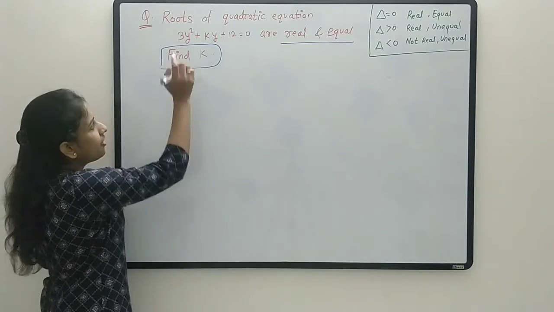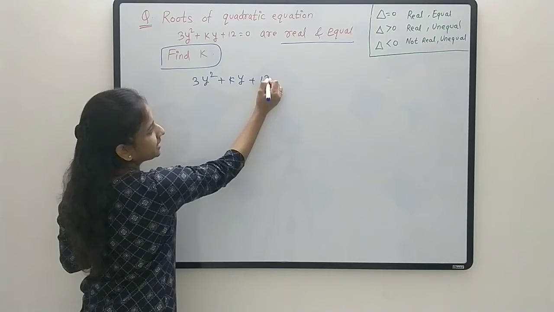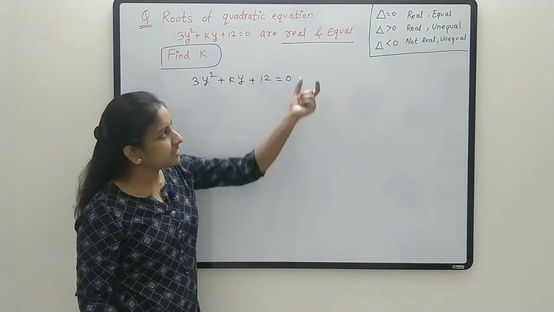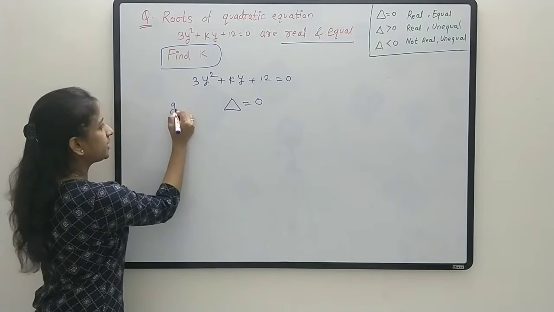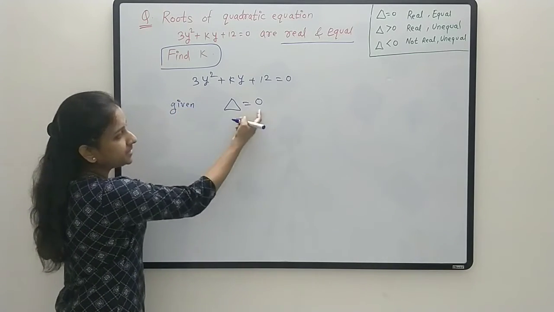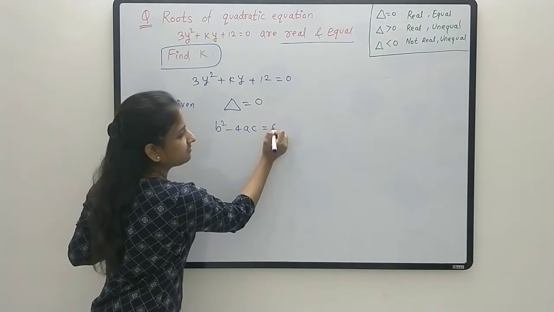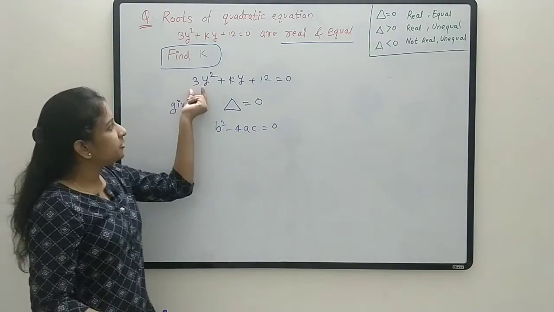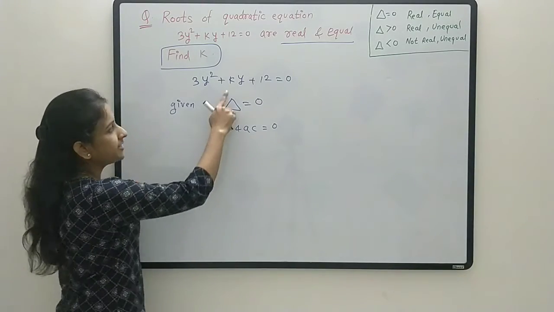So for this equation 3y square plus ky plus 12 equal to 0, what is given? Delta is 0. Delta means b square minus 4ac is equal to 0. Let's substitute the a, b, c values here and find k. What is b?